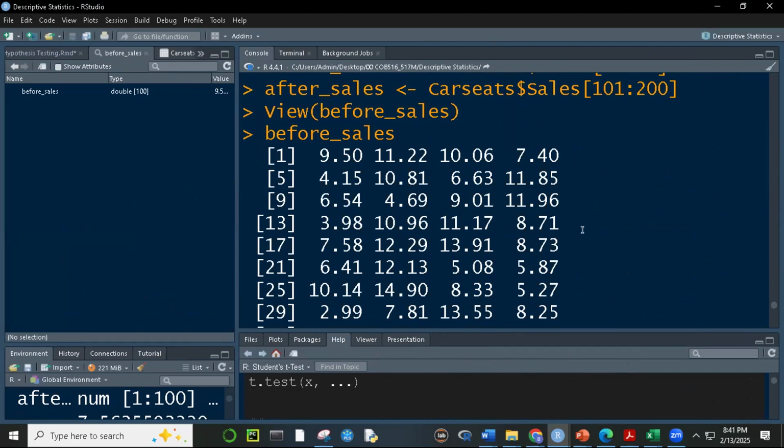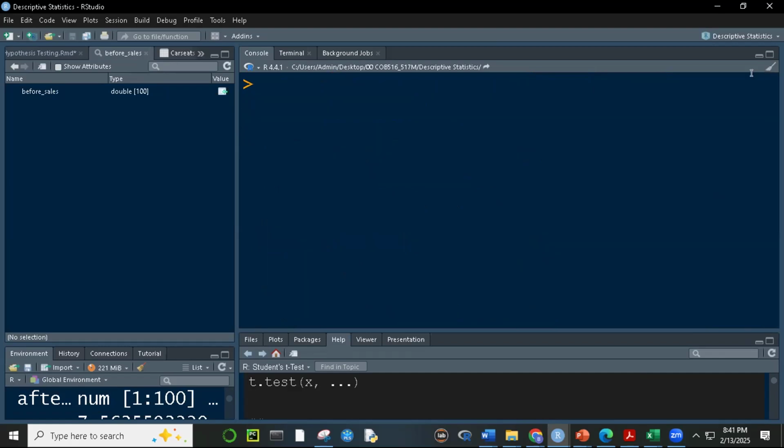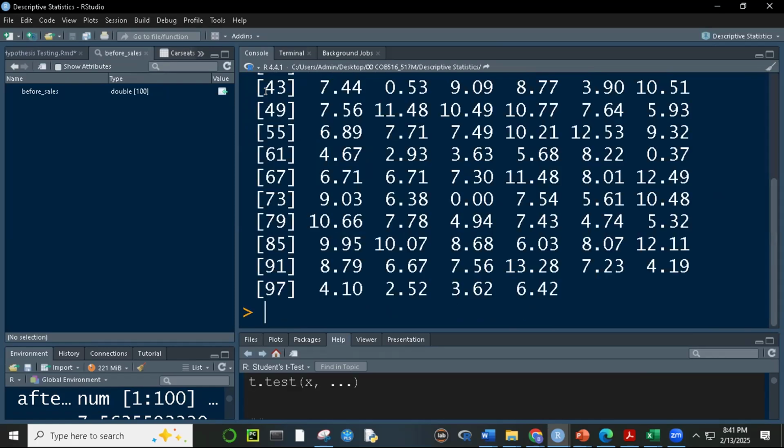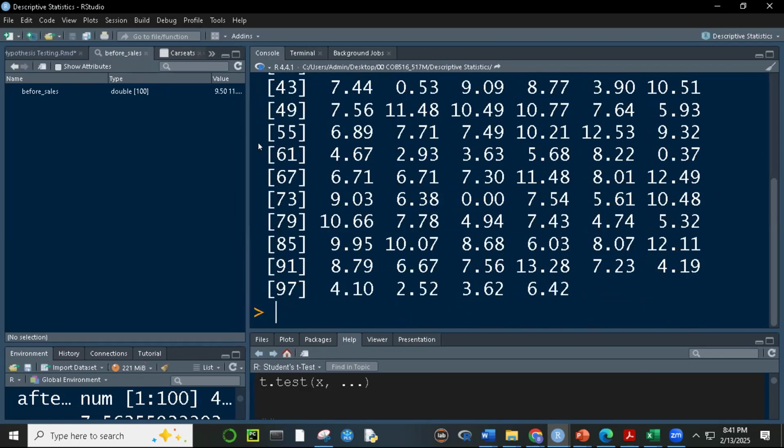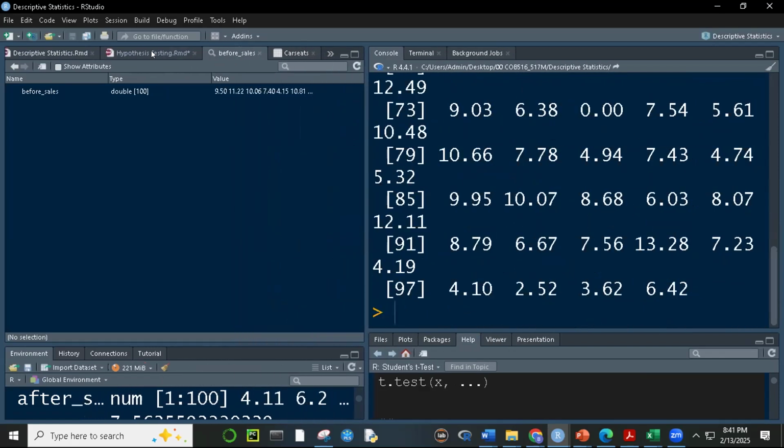And then after sales, so this will be matched, 101 to 200. So I can print here after sales. So this is the last 100.